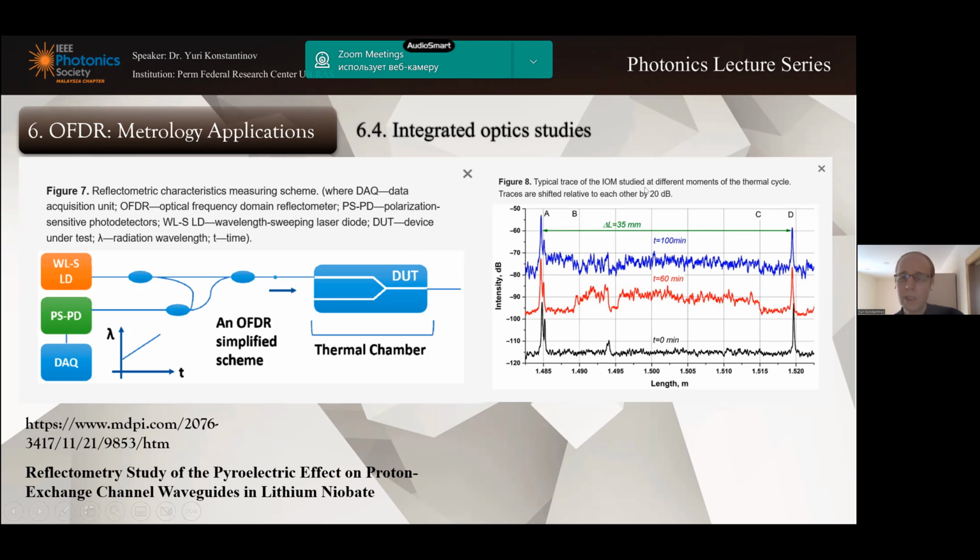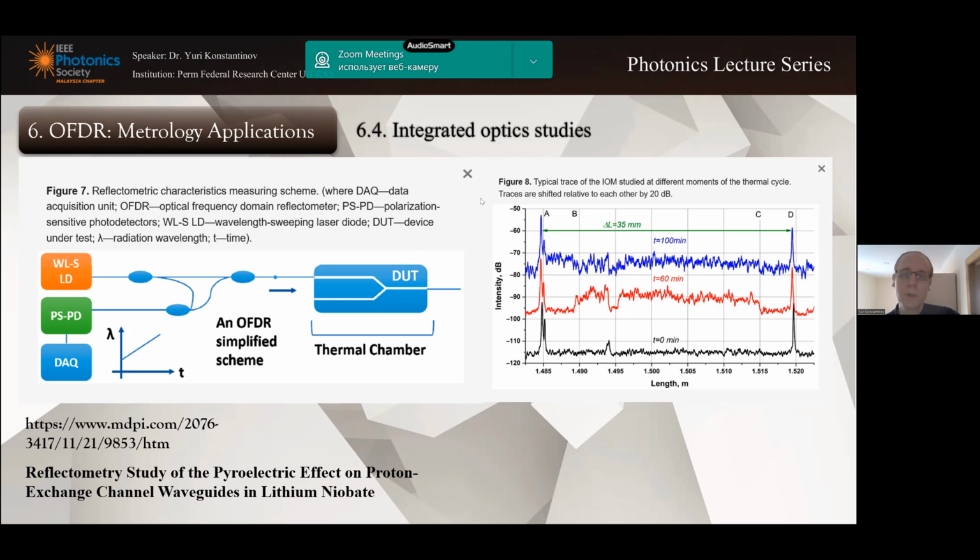And using this method, we have seen these peaks corresponding to the start of the modulator and the end of the modulator, or channel splitting within the modulator. Here it is. They are drifting because of the temperature, because of the material of the modulator, lithium niobate.